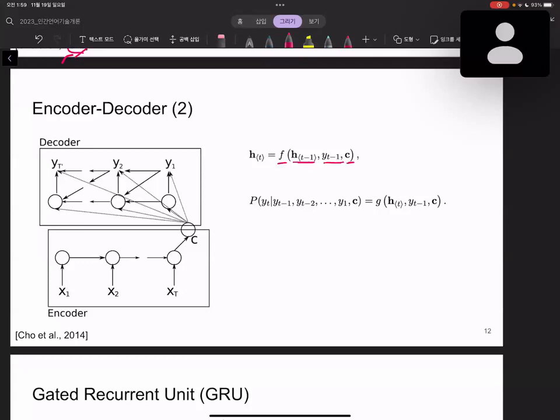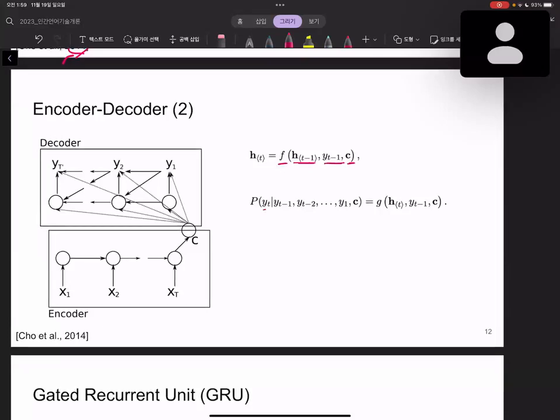So to generate the current output given the previous output and the context, the summary vector C, the hidden state can be computed using this h t, the previous y and c.